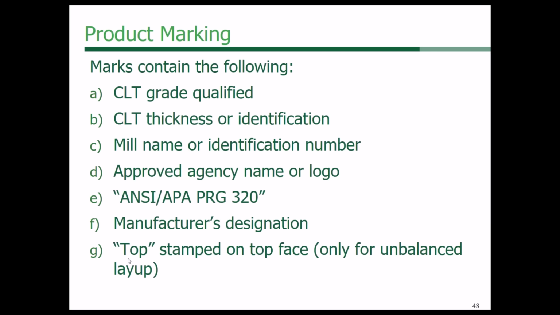The one thing I want to point out is that for those panels that are unbalanced layups, meaning they're not uniform through the depth, with an equal top and bottom, equally balanced, similar to glulam, if the layup is not balanced, then the CLT will need to be stamped top.